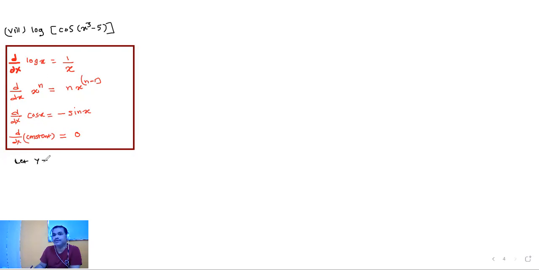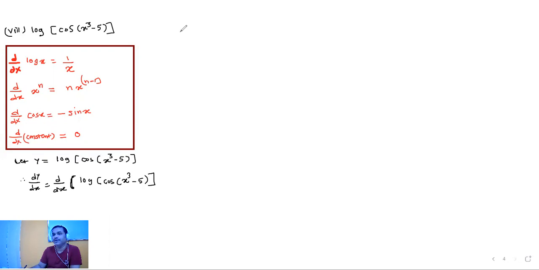So now let y is equal to log of cos of x cubed minus 5. Therefore, we'll say dy by dx is equal to d by dx of log of cos of x cubed minus 5.